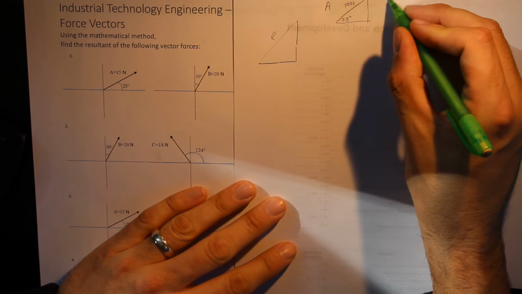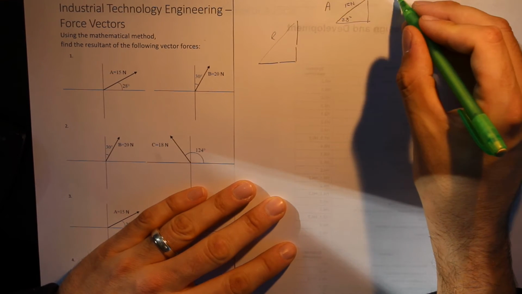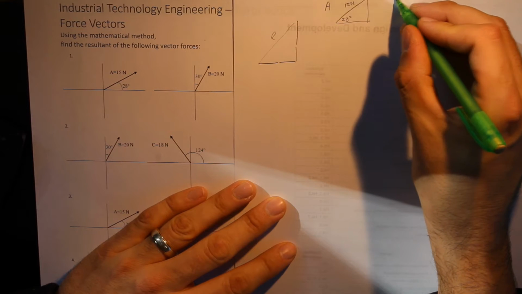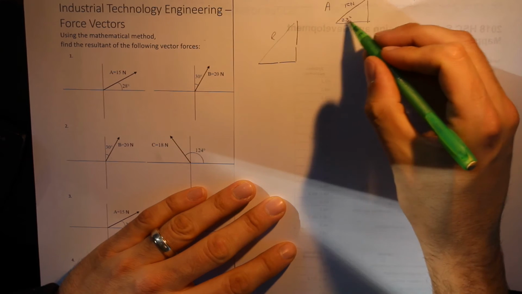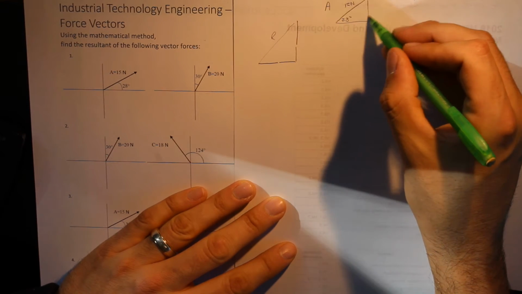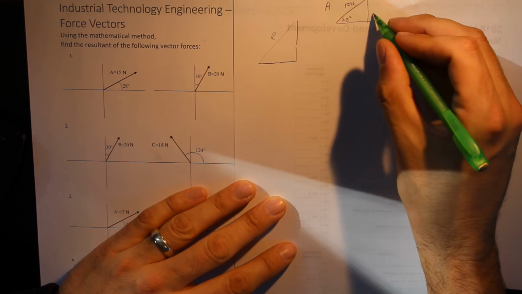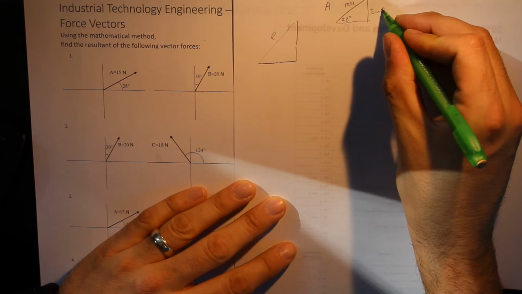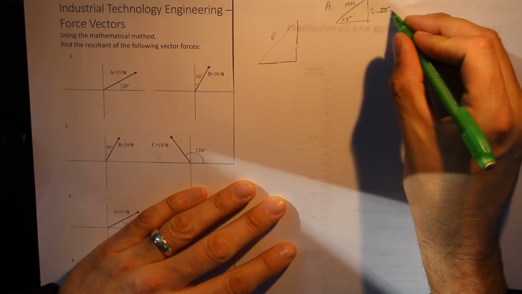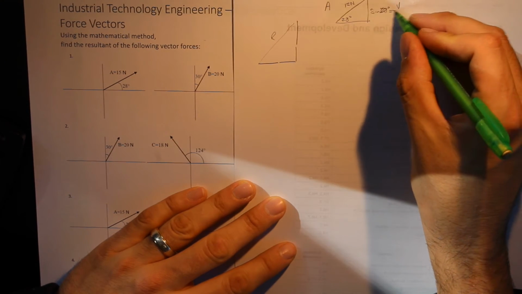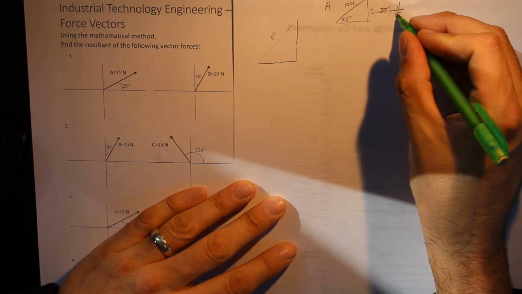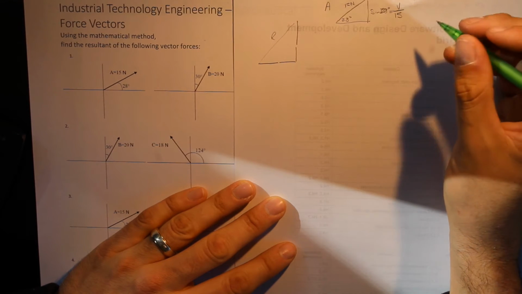So we're going to use sine theta equals the opposite over the hypotenuse. This being the opposite side, this being the hypotenuse. So we have sine 28 degrees equals our unknown, our opposite, which really is our vertical component, over our magnitude here. Okay?